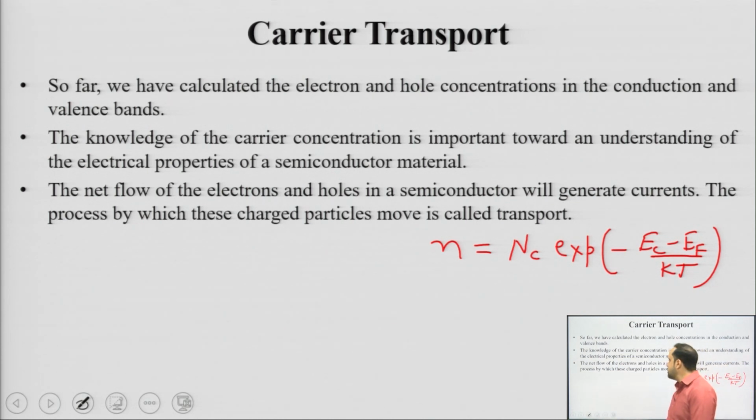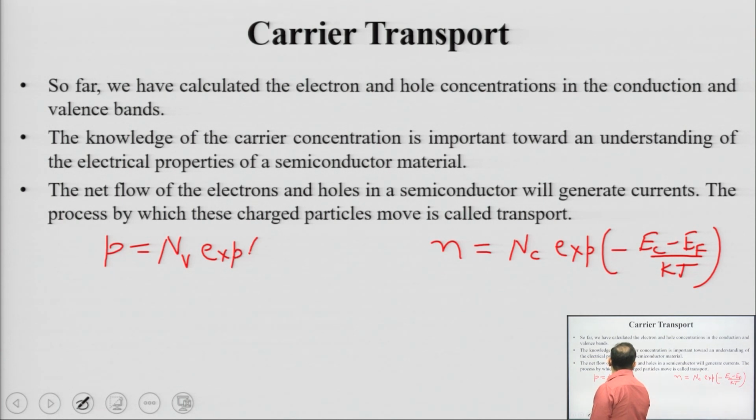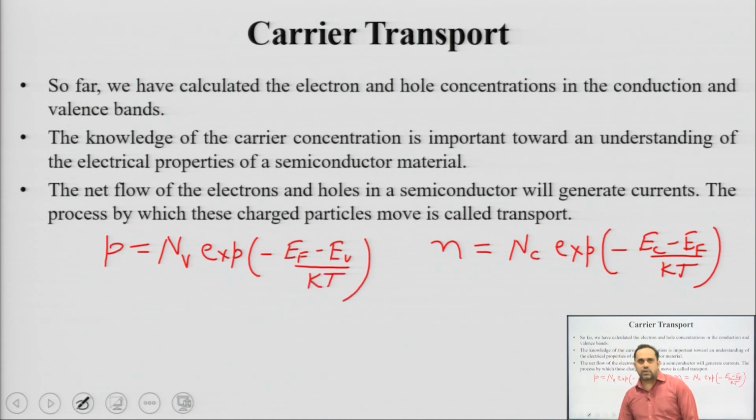Similarly, we have also calculated the hole concentration. It is denoted by P and given as NV exponential of (EV minus EF) by kT, where NV is effective density of states in the valence band, EF again Fermi energy level, EV is the end of your valence band, the top energy level of your valence band.